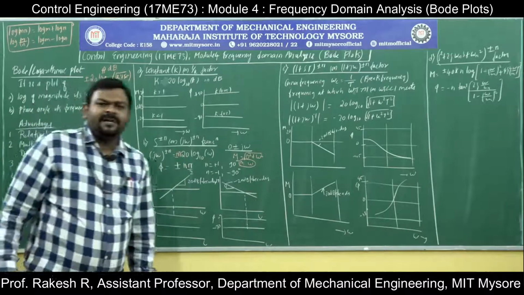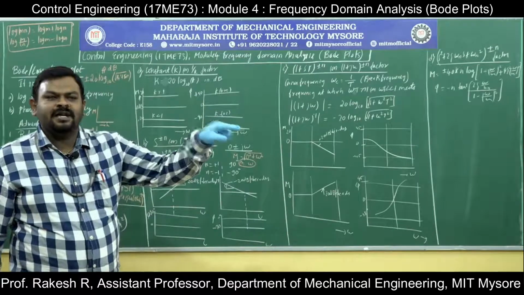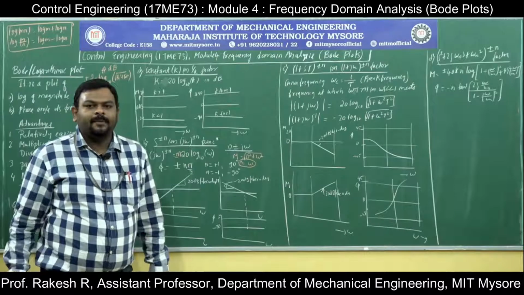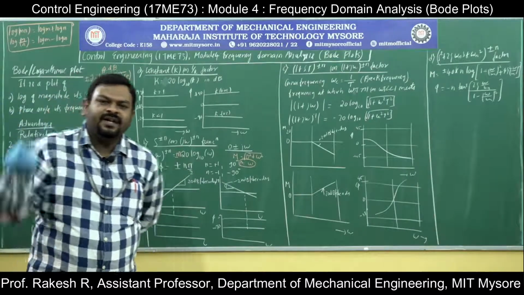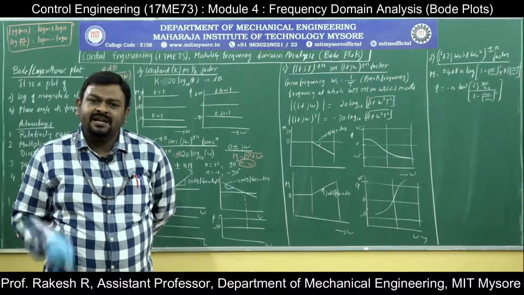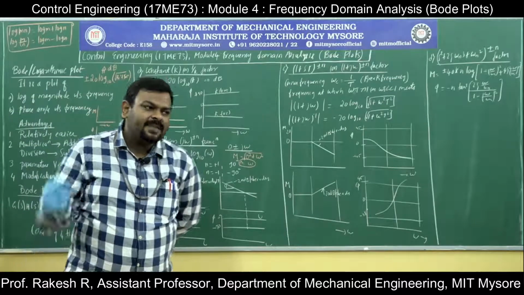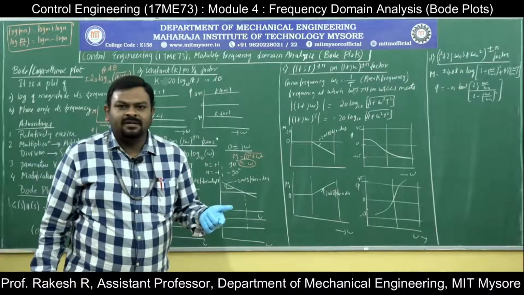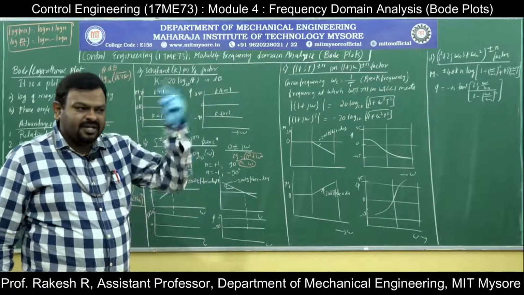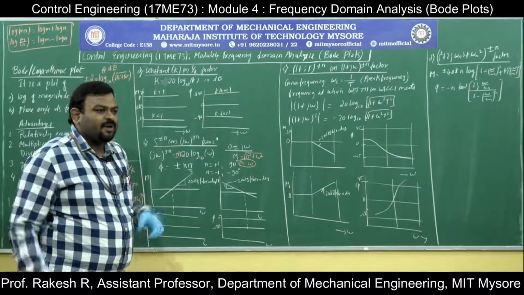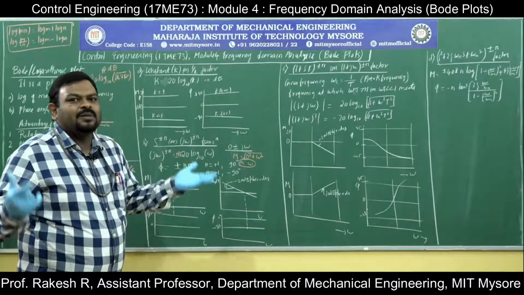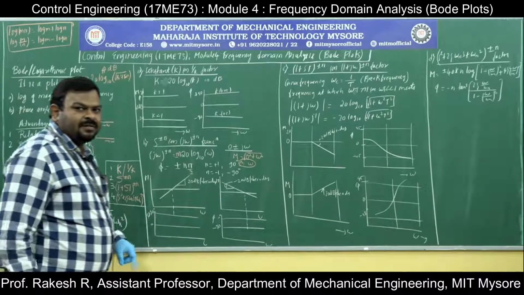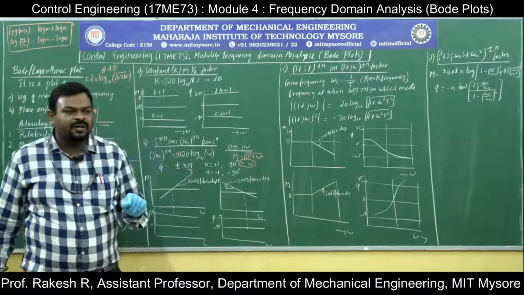So the magnitude interpretation is, what is the power of s? If the power of s is 1, 1 into 20 log 10. If the power of s is 2, 2 into 20 log 10. If the power of s is n, n into 20 log 10. Similarly, for poles at origin, the s term will be in the denominator, because the denominator represents the poles at origin.